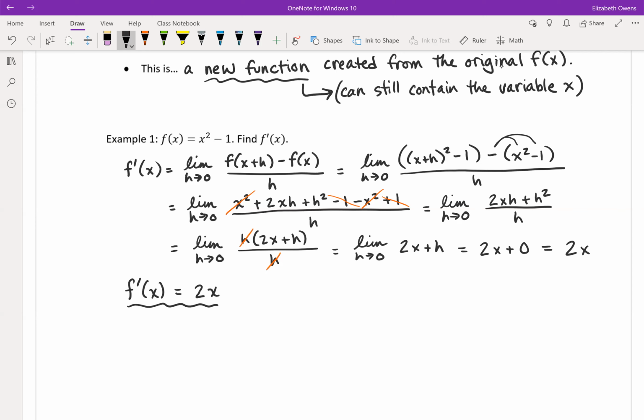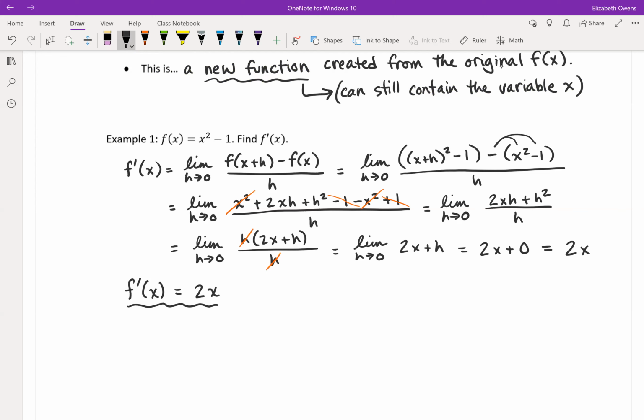There's our answer. So notice how this really is a new function that we've created based upon the original f of x. It still contains our variable, so we can plug things into this new function just like any other function. It's just a function that is the derivative of f.